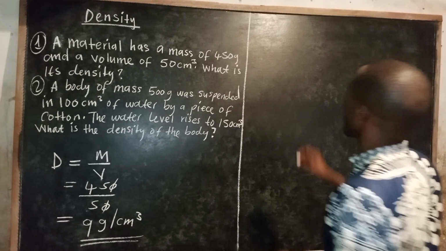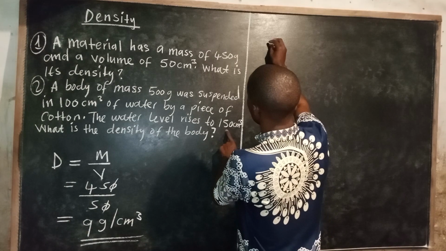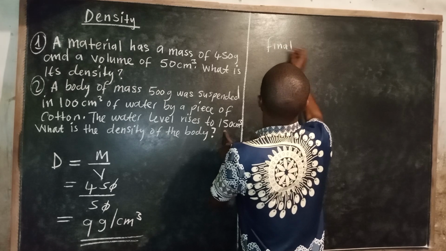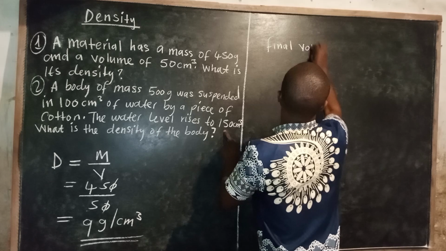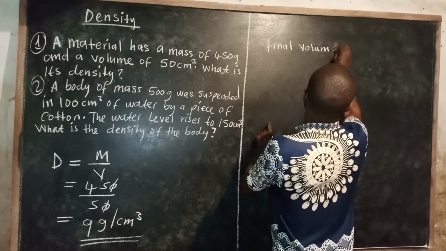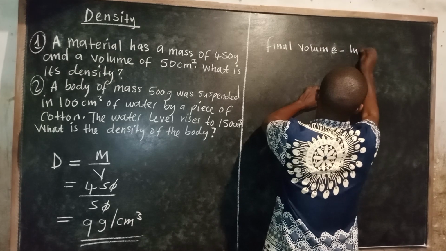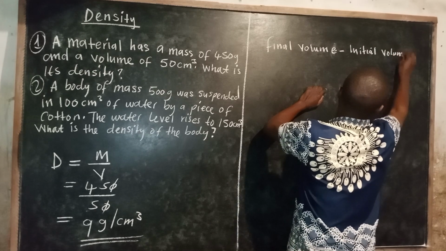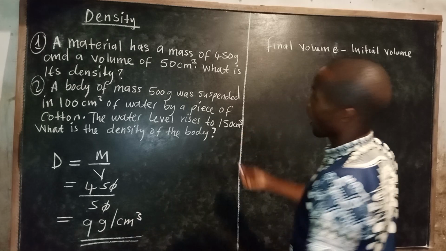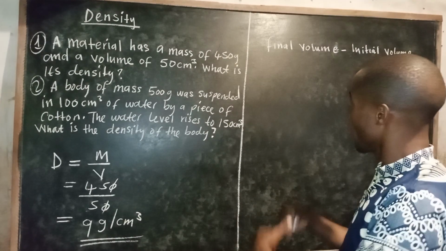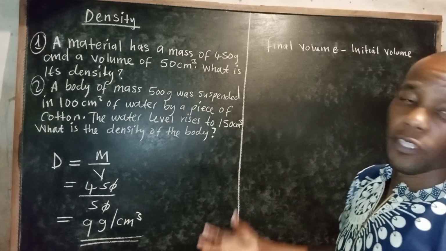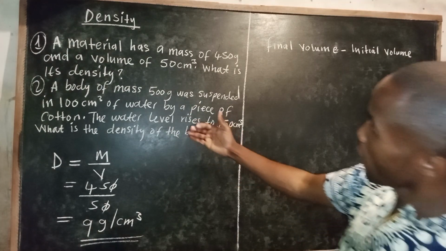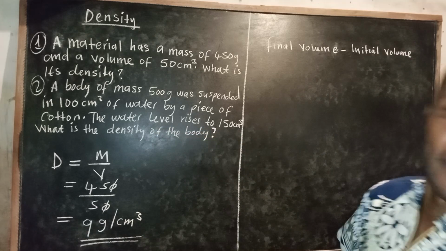We are going to say final volume minus initial volume. The final volume is the volume after the body has been lowered in that measuring cylinder, which had the water level of 100 centimeters cubed.